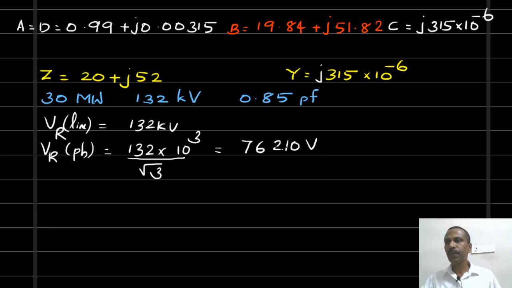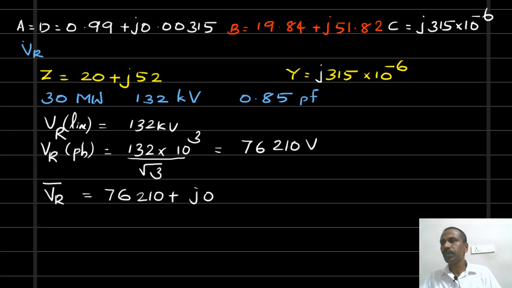This is the magnitude of the receiving end voltage. We have to write all quantities in the vector form. So vector VR is equal to, as the receiving end voltage is taken as the reference vector, 76210 plus J0, because this is taken as the reference vector. So VR equals 76210 plus J0.